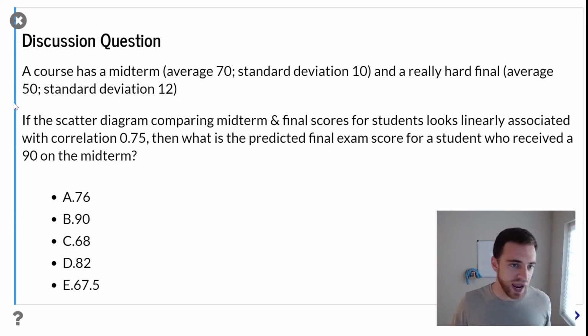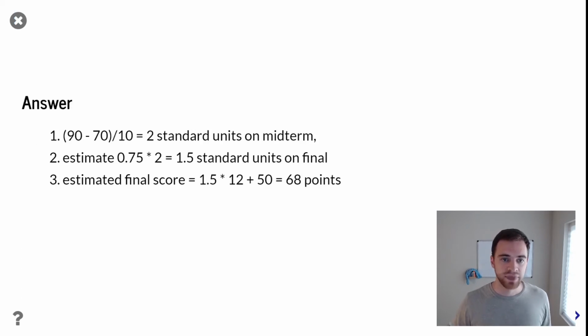I'm told the average here is 50 and the standard deviation is 12. So 1.5 times 12 is 18, and then I add 50 onto that, which gives me 68, so C. Okay, I did my math right. That's rare. So 68 points on the final exam is our prediction.